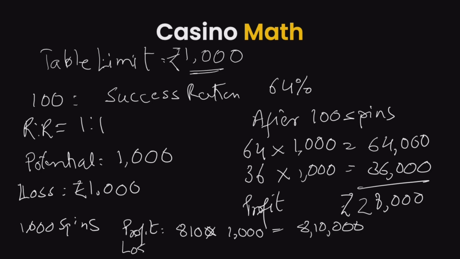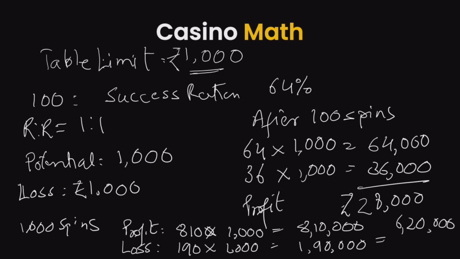At the same time, when they lose, and they will lose about 190 times, they will lose 1,000 rupees on each of those losing spins, giving them a loss of 1,90,000, and that translates into 6,20,000 rupees of pure profit. And obviously, with 10,000 spins, it's almost a certainty that they will end up making money. That's 10,000 into 1,000. You do the math.